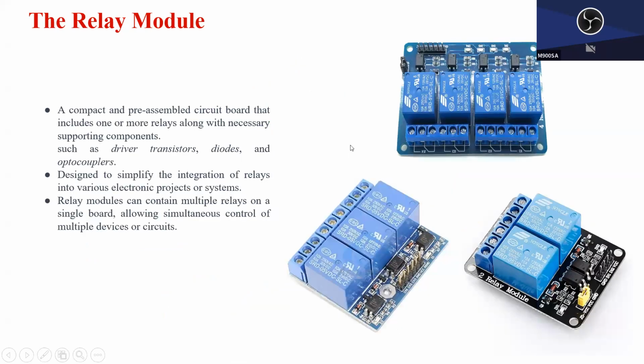So this is the introduction of relay modules. You can read it from this one. A compact and pre-assembled circuit board that includes one or more relays along with supporting components. Normally when we use a relay, we can connect it with transistors, diodes, or optocouplers so that we increase the safety of our electrical circuit.